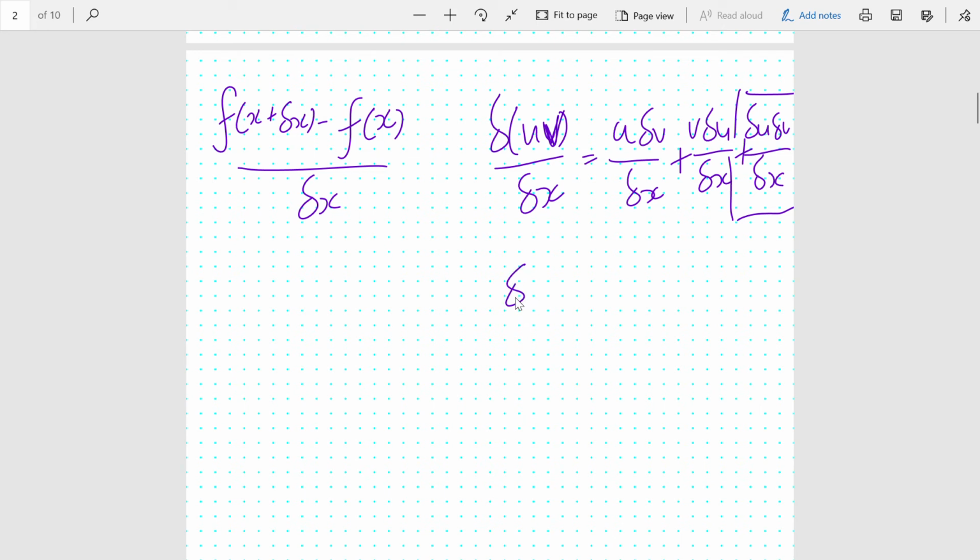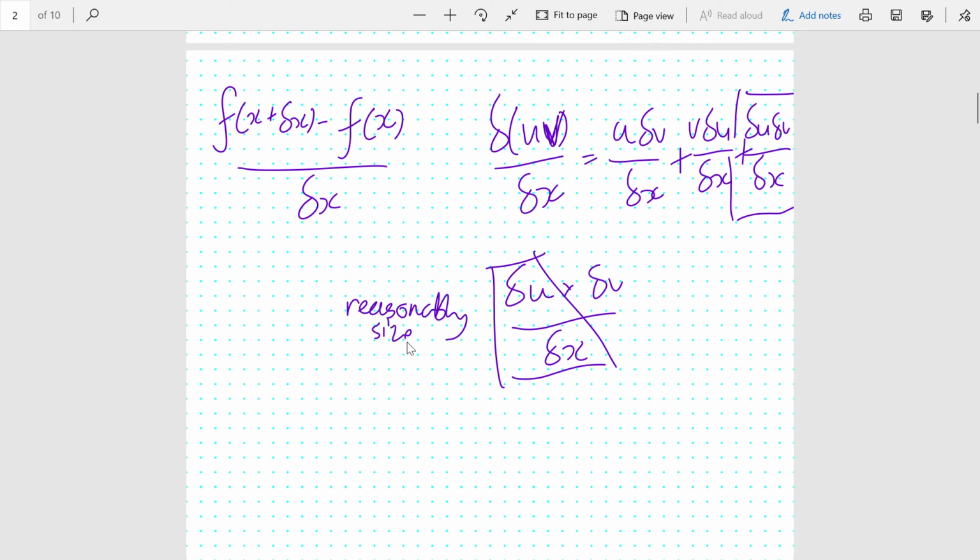So say you had du multiplied by dv over dx, and of course, if you take this part here, it's du by dx, this will be a reasonably sized number. So what's left over is du divided by 1, and of course divided by 1 really means nothing. It's just du by itself.